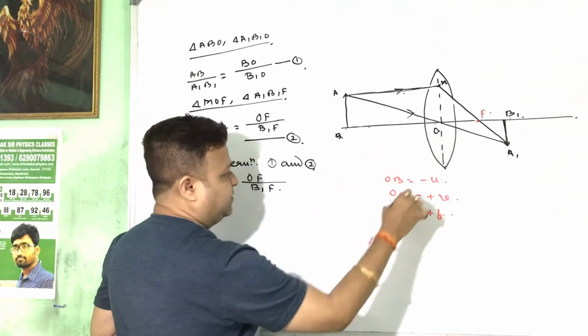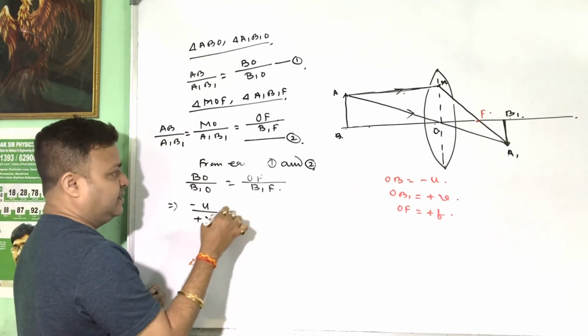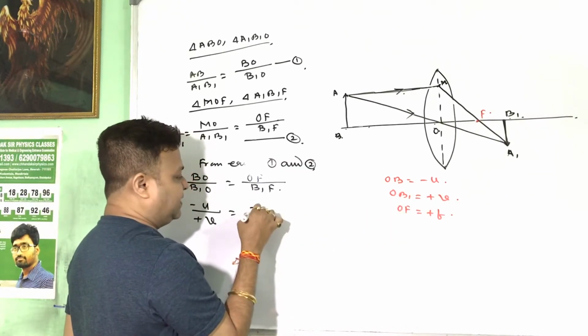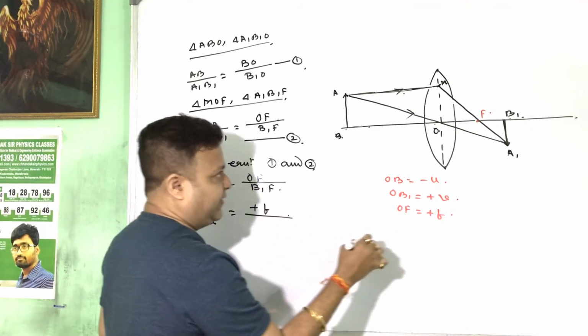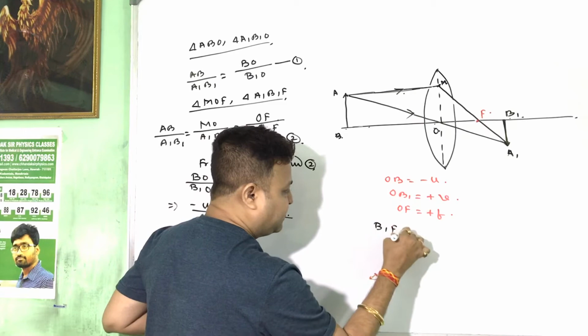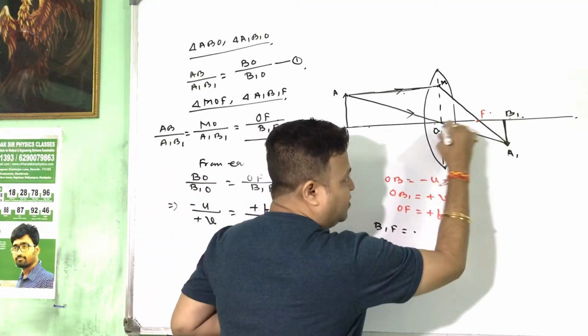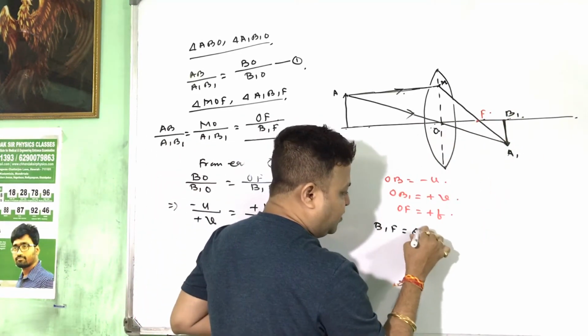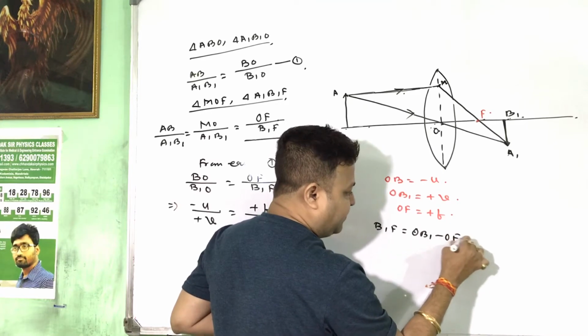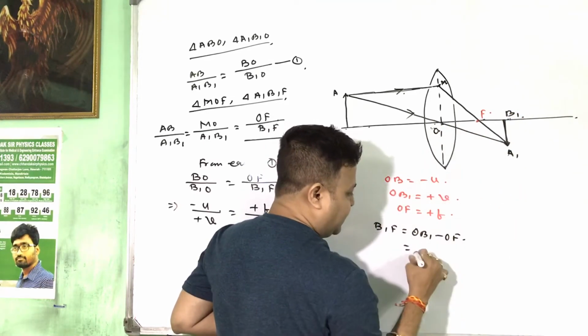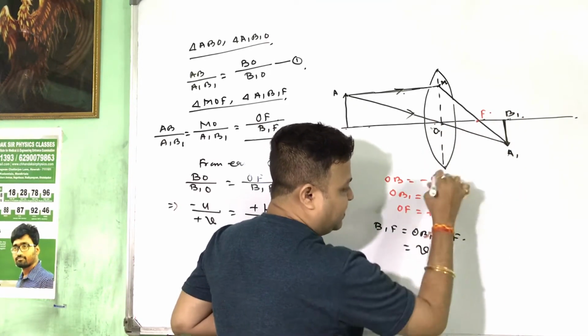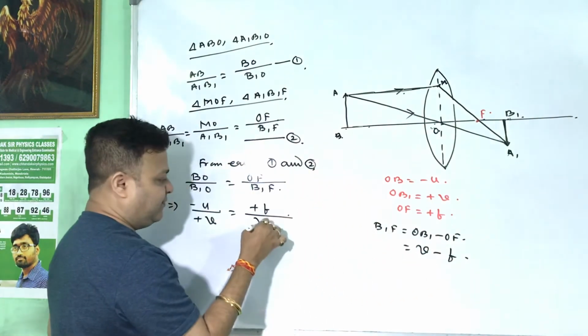What is B1O? Plus v. What is OF? Plus f. What is B1F? B1F equal to OB1 minus OF. What is OB1? v. And v minus f.